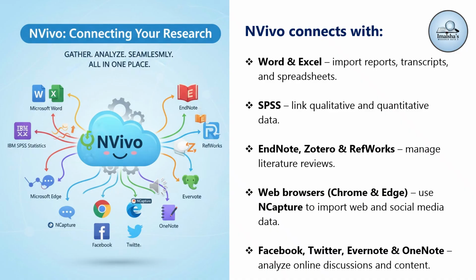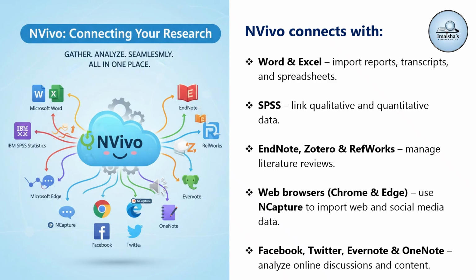At first, NVivo was mainly made for qualitative social research, things like interviews, focus groups or analyzing text, but now it can do so much more. One of the best things about NVivo is how it connects with other software. This makes your research life way easier because you can bring all kinds of data into one place.